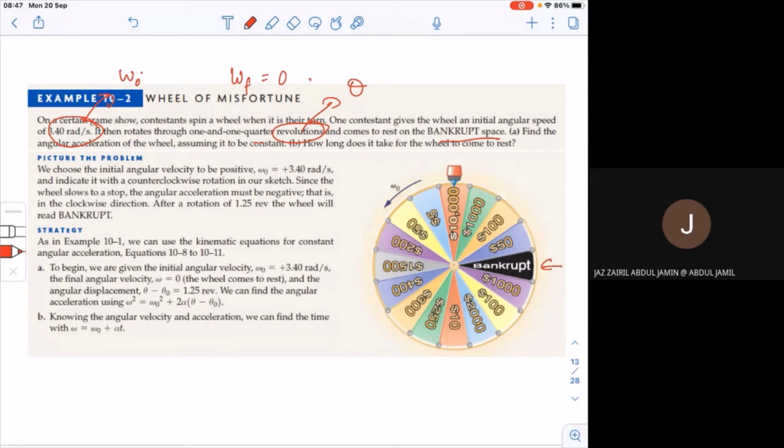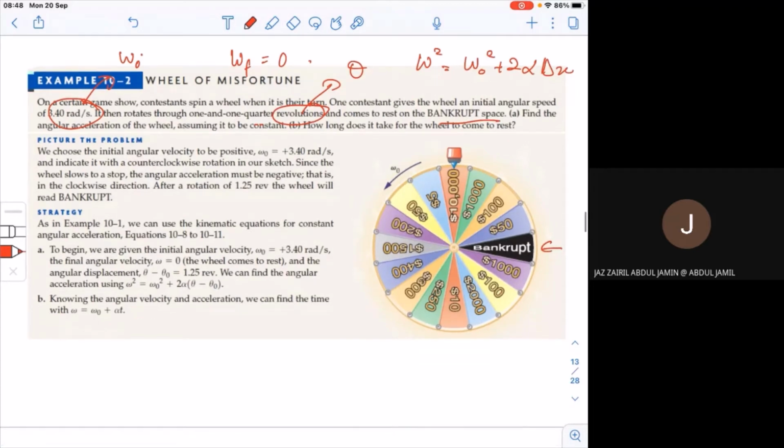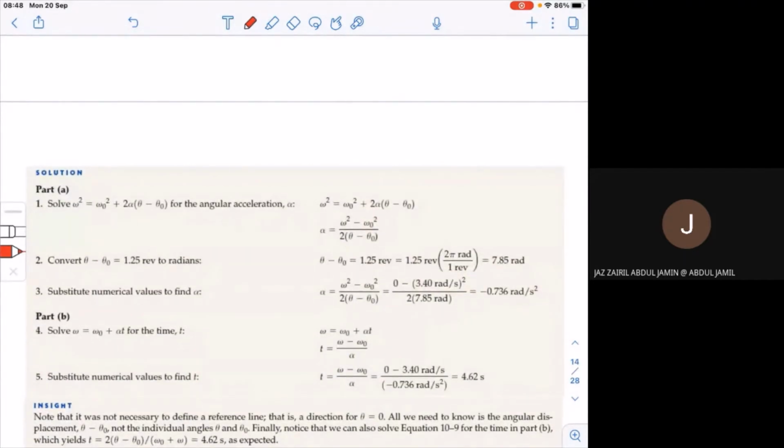So we need to use the correct equation. If you look carefully, the question doesn't involve any time. Because it doesn't involve any time, definitely we're going to use omega squared equals omega naught squared plus 2 alpha delta theta.